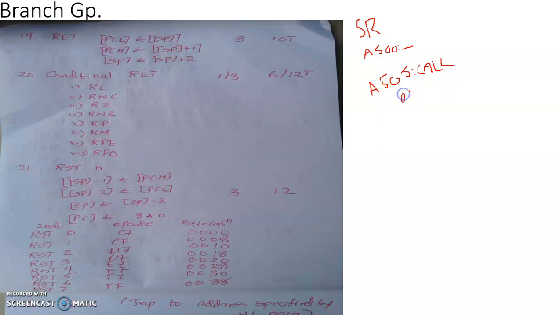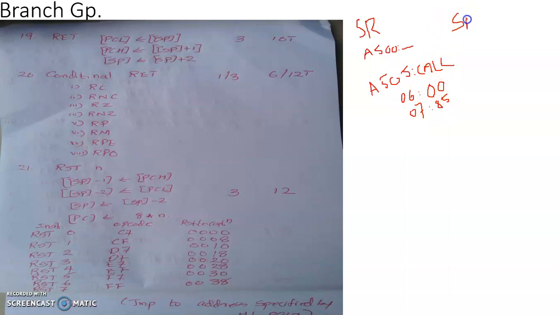Then in the address A506 I will have the least significant 8 bits of the address that is to be called, which happens to be 00, and in A507 the most significant byte of the address, 85, will be written.